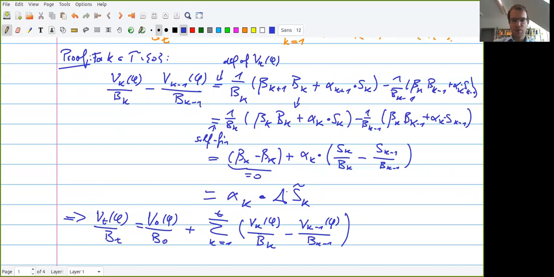And now we use what we have calculated here, so this change of the discounted value process.